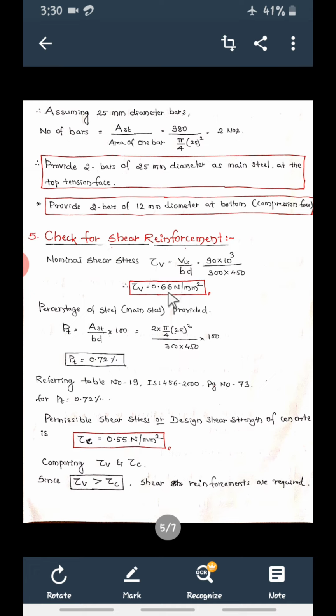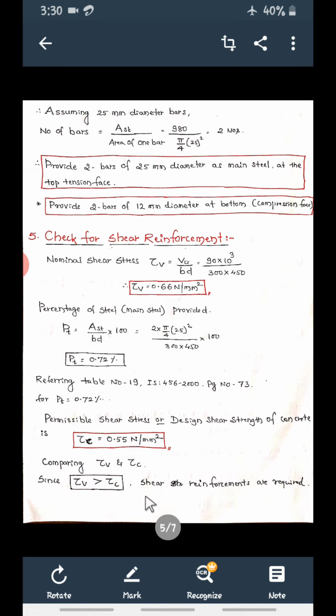Tau v is 0.66 Newton per mm square, meaning on the beam, this much shear stress is coming. The concrete will take a maximum of 0.55. To decide whether shear reinforcement is required or not, compare tau v and tau c. Which is greater? Tau v. So when tau v, the nominal shear stress, is greater than tau c, the permissible shear stress, shear reinforcements are required.